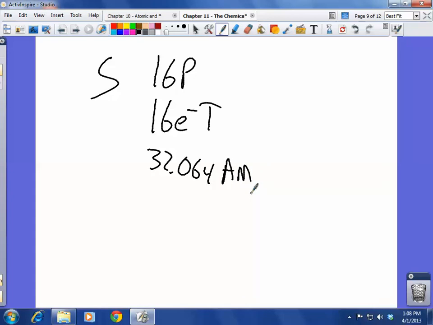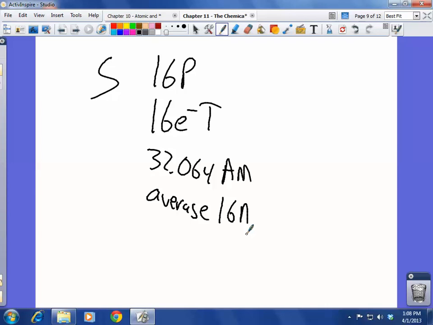What else we got? Well, we can't say that so much. We can say maybe on average it has 16 neutrons. But remember that atomic mass tells us the average for everything. So some sulfur atoms might have 16 neutrons, but some might have 17.